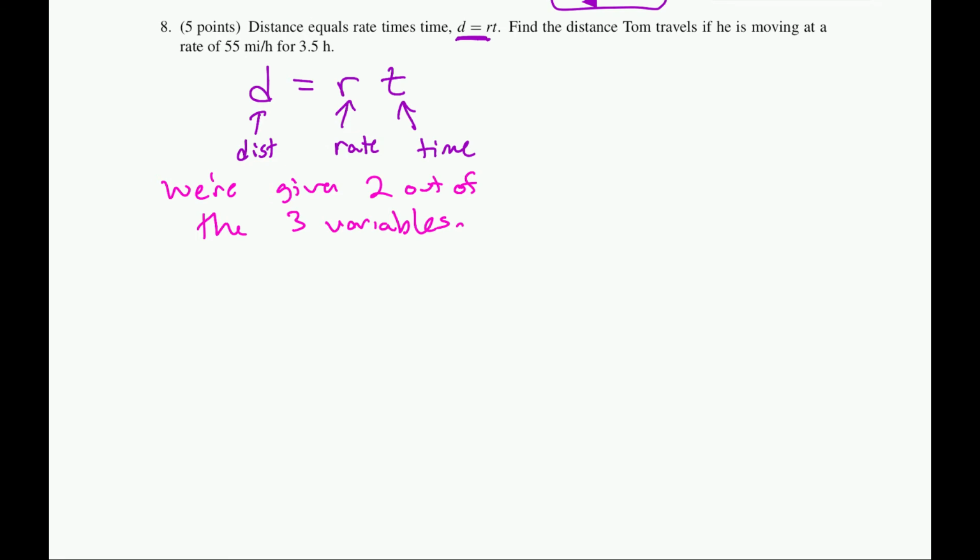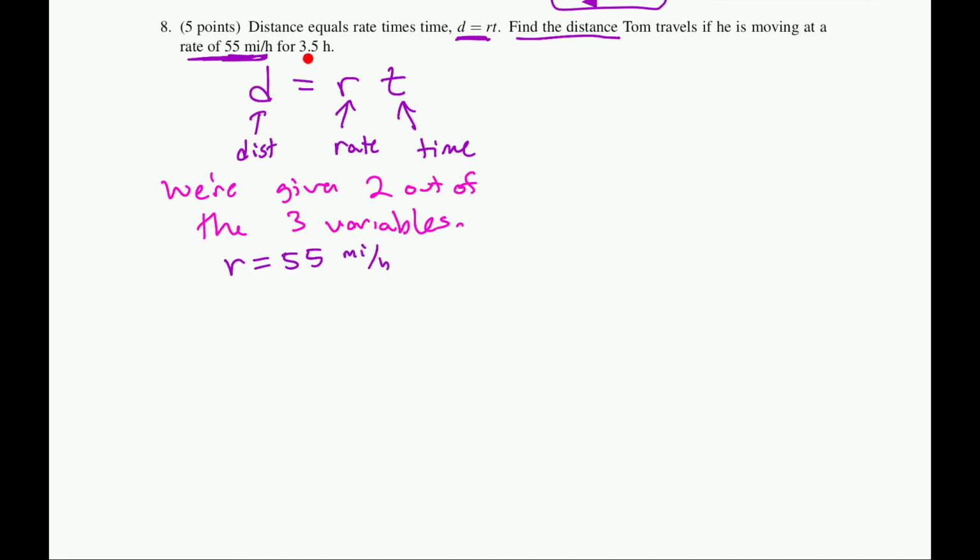So find the distance. If we're being asked to find the distance, then we don't know the distance, but we know the other 2. So it says he's moving at a rate of 55 miles per hour. So that's r equals 55. And you can write the units, miles per hour, if you want.